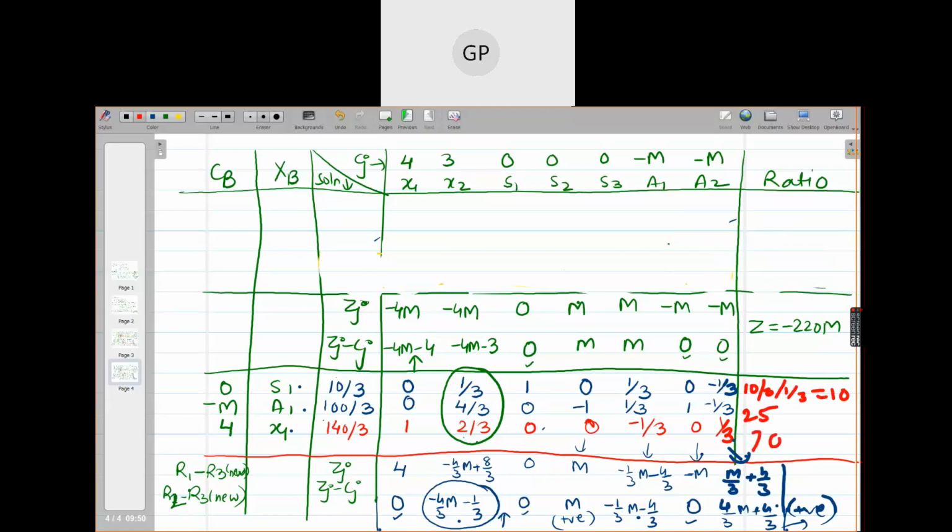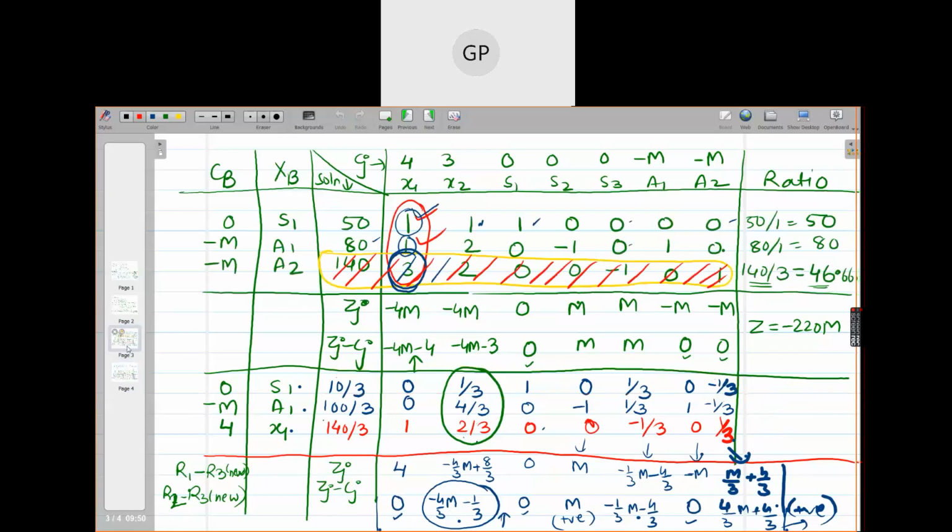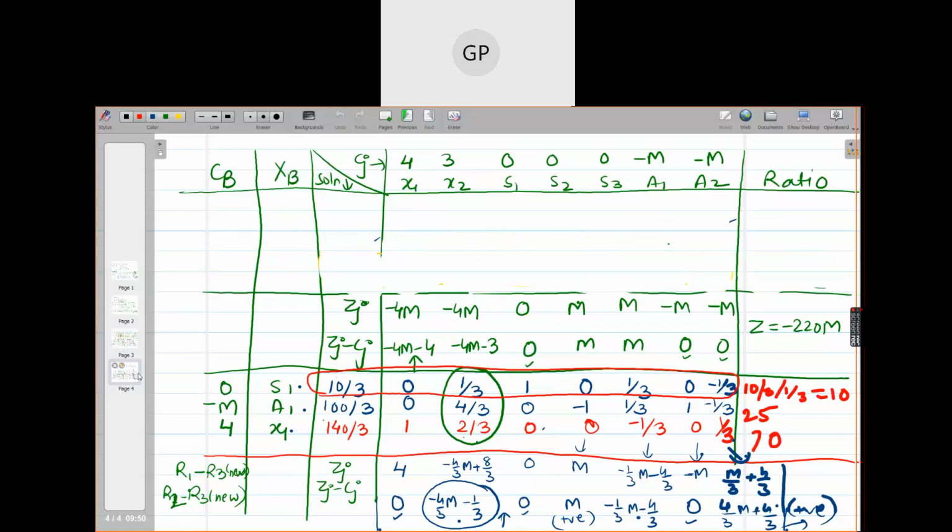So minimum ratio is obviously the first row. Okay. First row. Ma'am, your screen is not visible. There is some glitch. देखो अभी. Is it visible now?